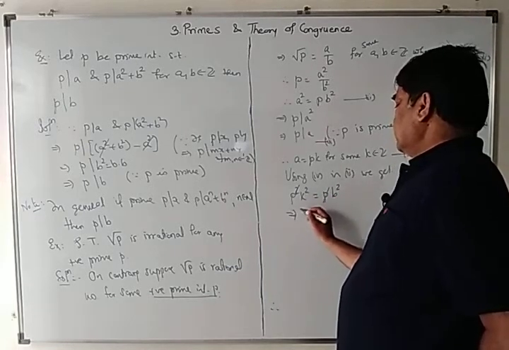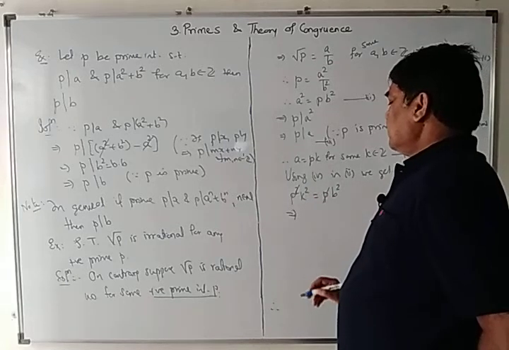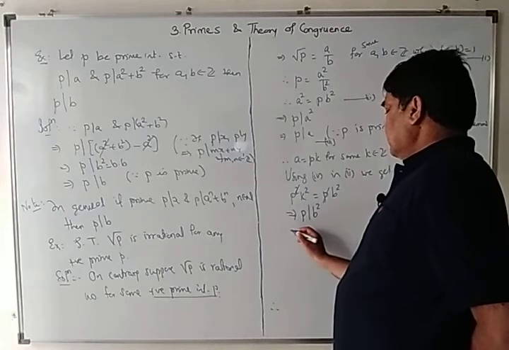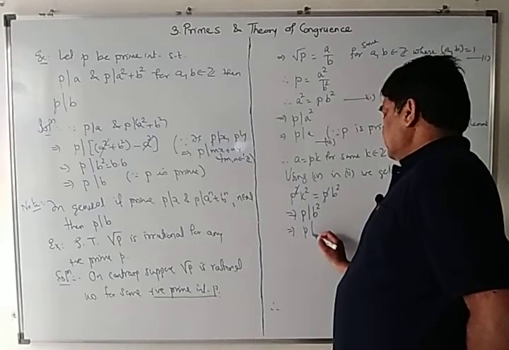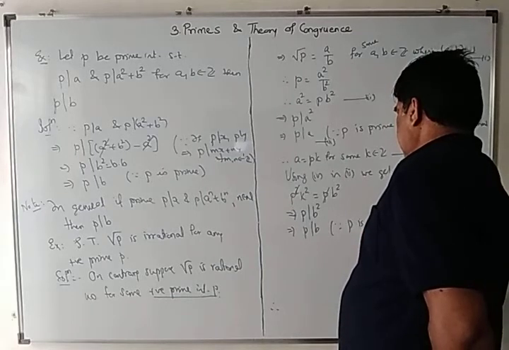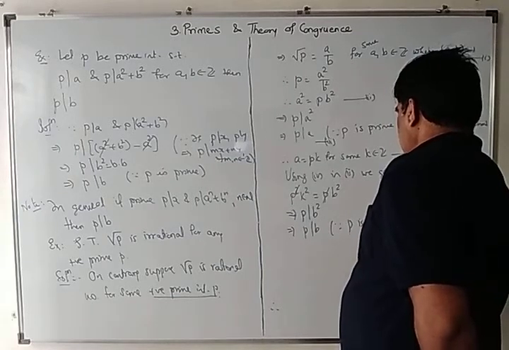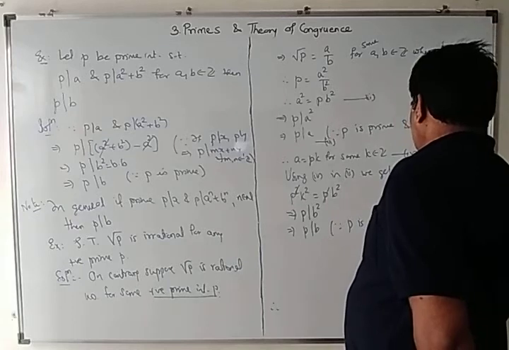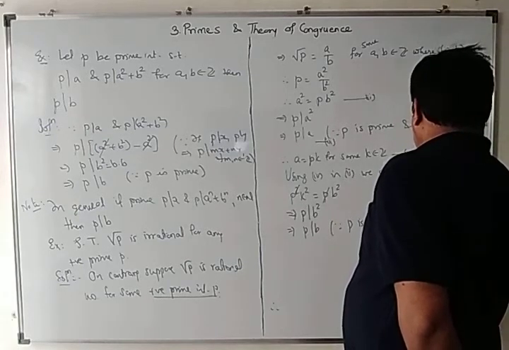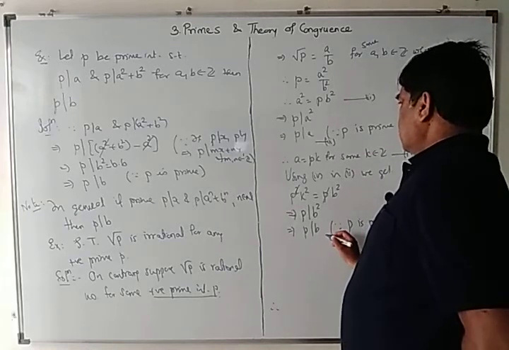This implies B square is a multiple of P, therefore P must divide B square. Implies P divides B, since P is prime and by Euclid's lemma. So this is my 5.